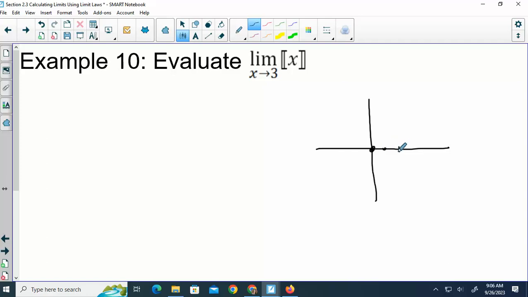If I put in 0.9, I would get 0. But what happens when you put in 1? You would get out 1. So what was this? Stair step. So everything from 1 to 2 would be on this step, and then at 2 we would jump up, and so forth. Okay.